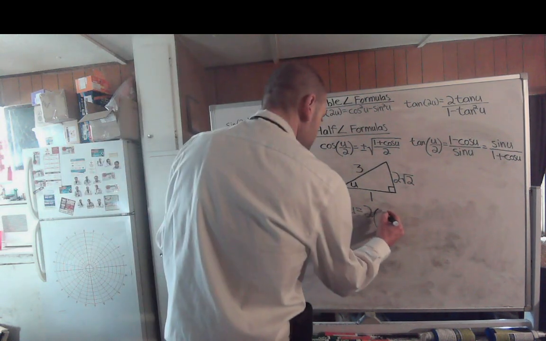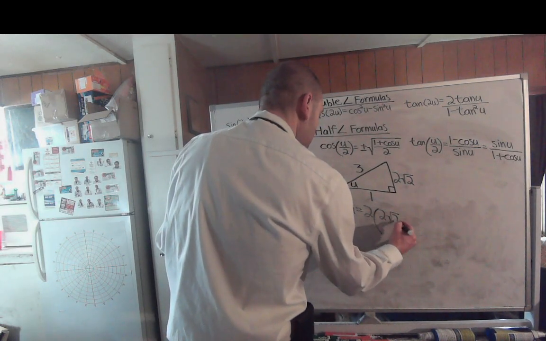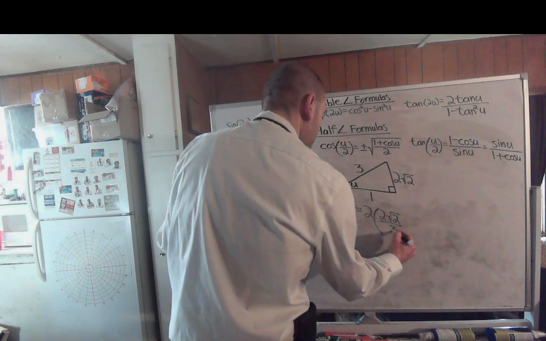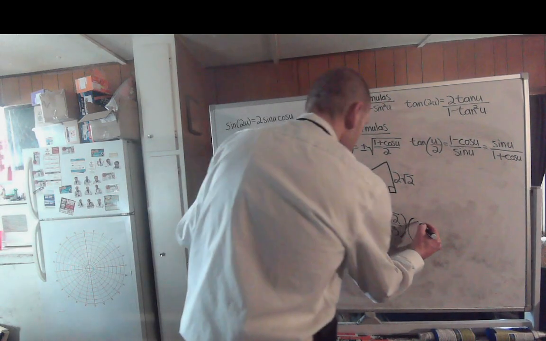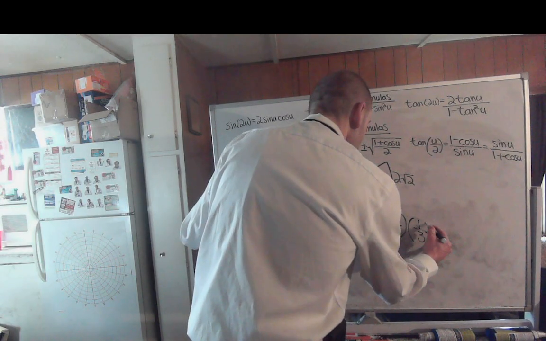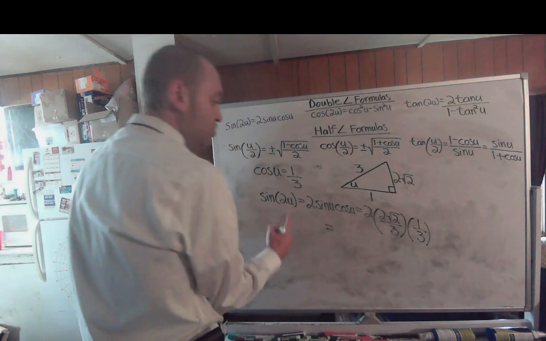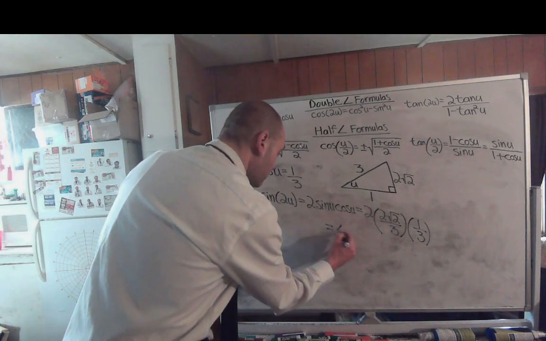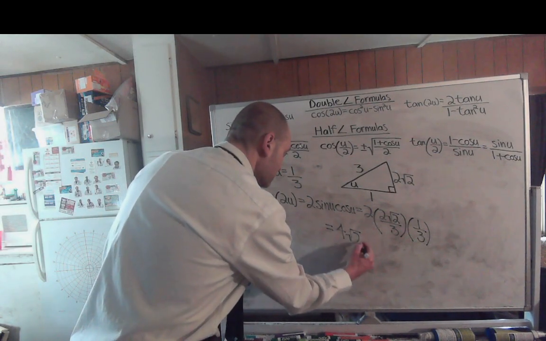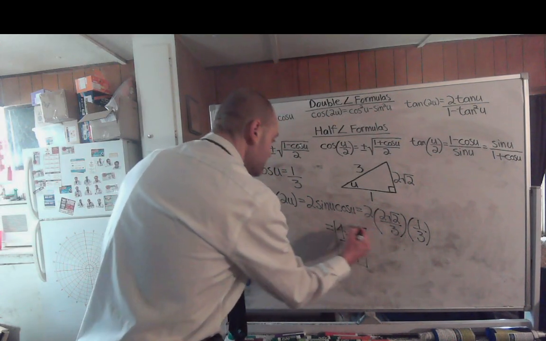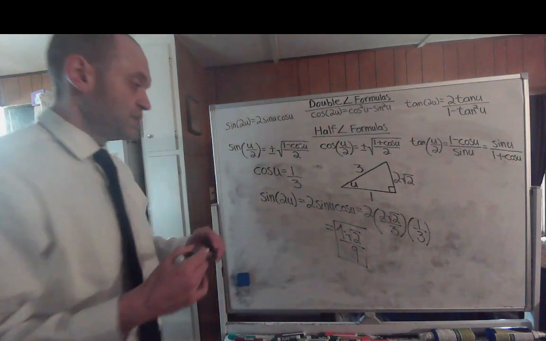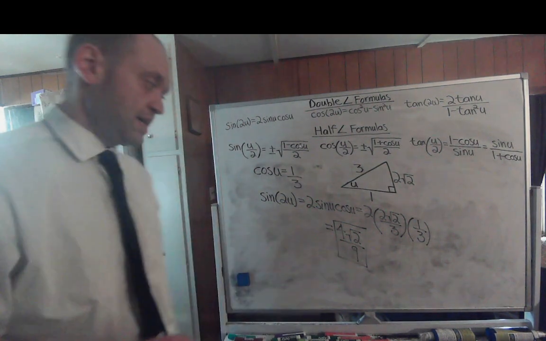That's 2 times the square root of 2 over 3 times the cosine of u, which is 1/3. So when you simplify this, you should get the sine of 2u is 4 times the square root of 2 all over 9. So the sine of 2u equals 4 times the square root of 2 over 9.